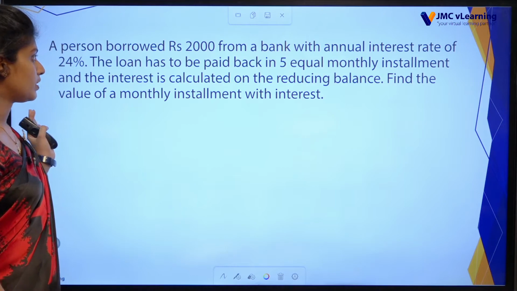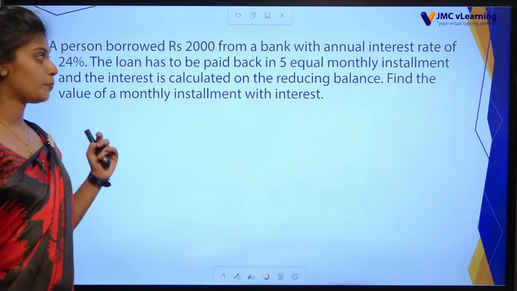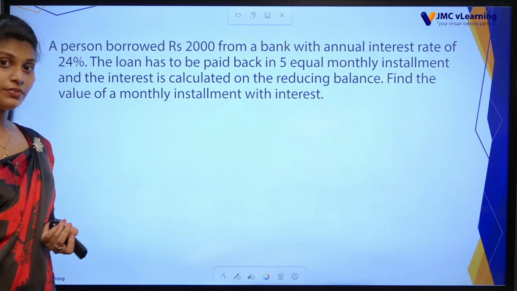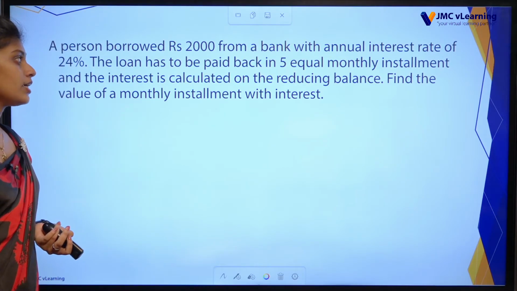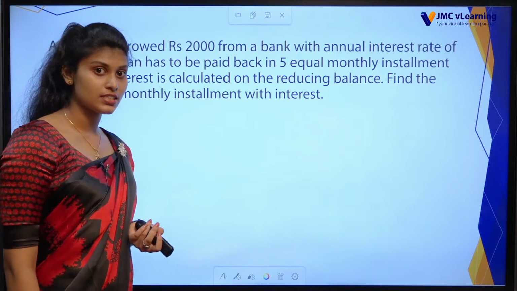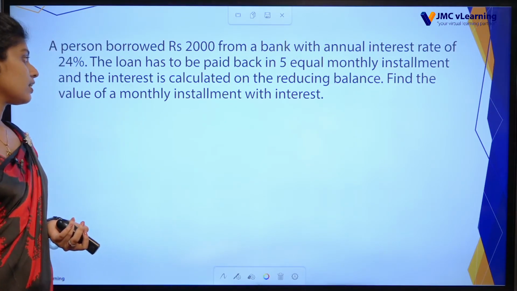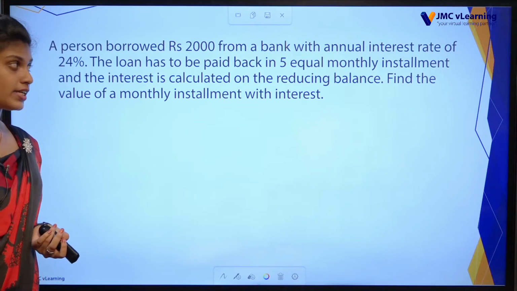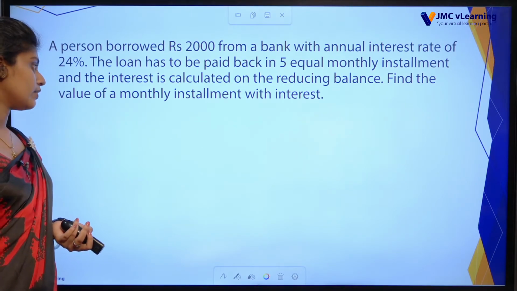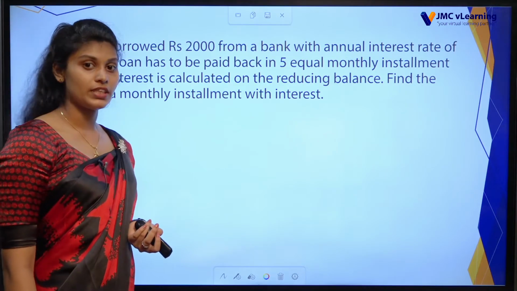A person borrowed 2000 rupees from a bank with annual interest rate of 24%. The loan has to be paid back in 5 equal monthly installments, and the interest is calculated on the reducing balance. Find the value of a monthly installment with interest.